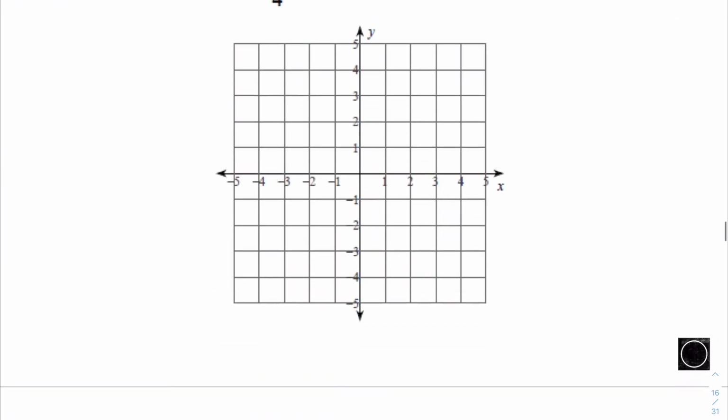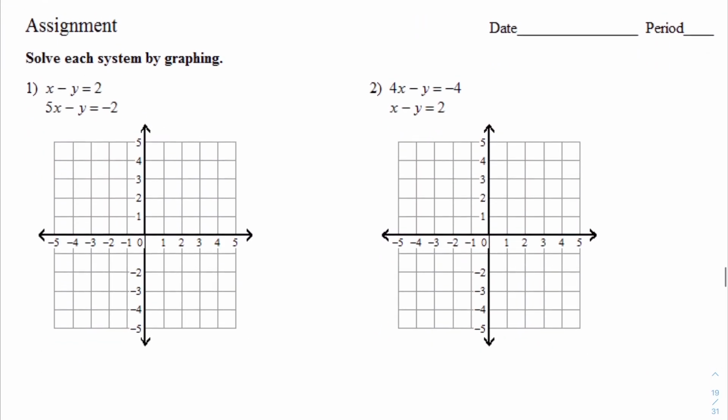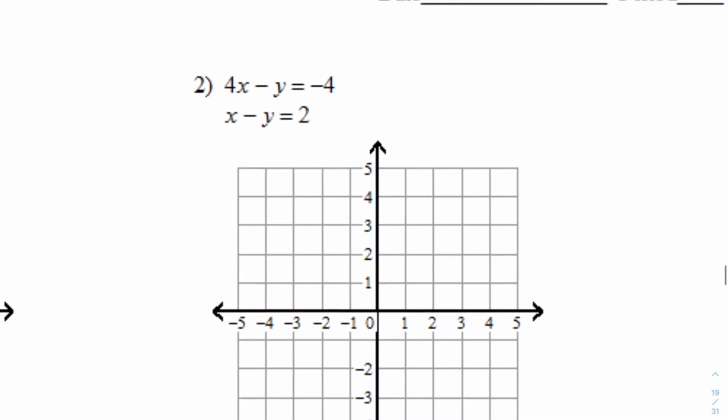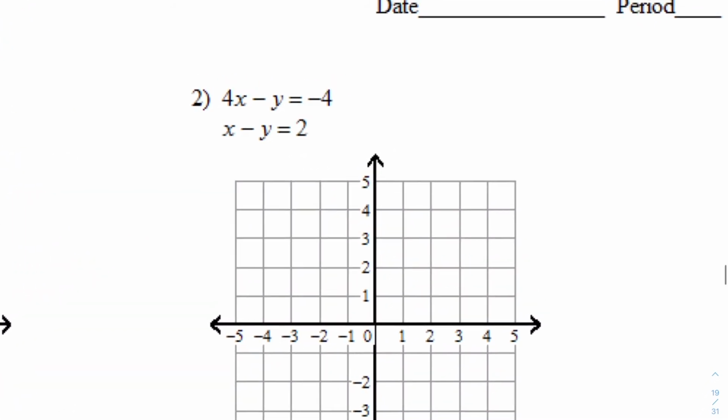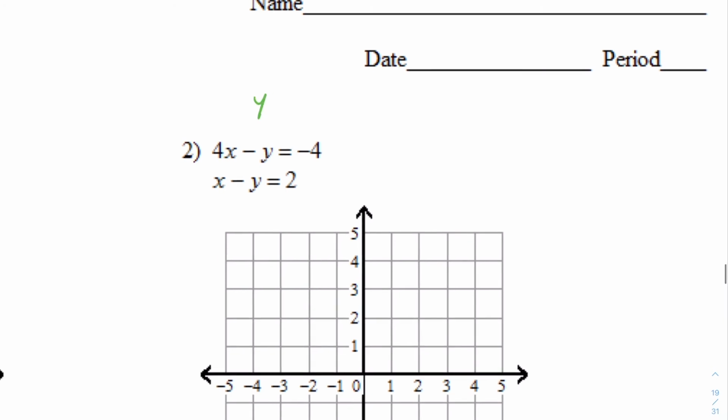Let me scroll down and see if any of these could actually still be useful. Yes, maybe this one down here can be useful. If we have it and they have x and y on the same side, you could graph it like standard form, the way that I've shown you before, the way that's in your notes, or you could change it to be y equals mx plus b form, if you want.